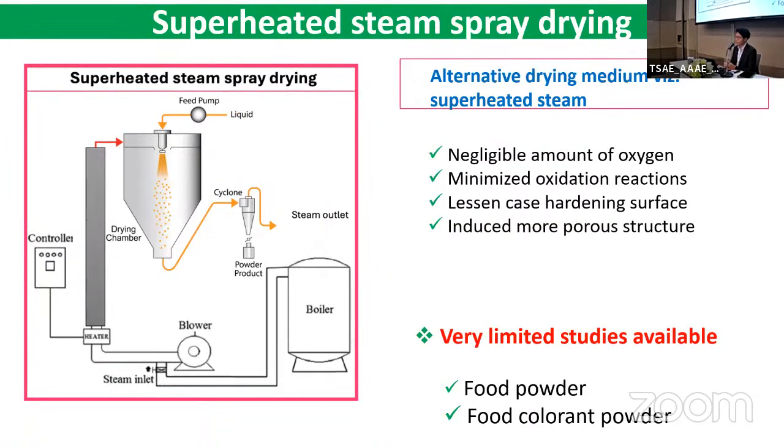To alleviate the problems, an alternative drying medium called superheated steam, which contains negligible amounts of oxygen, has been widely tested. Superheated steam dried products have been noted to suffer less oxidation and quality degradation, and exhibit a more porous structure. However, there are very limited studies using superheated steam spray drying for food powder and food colorant powder.